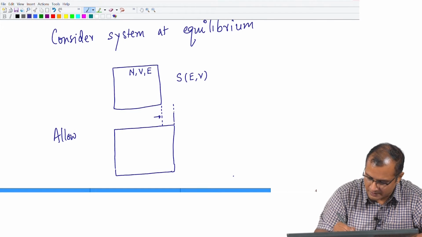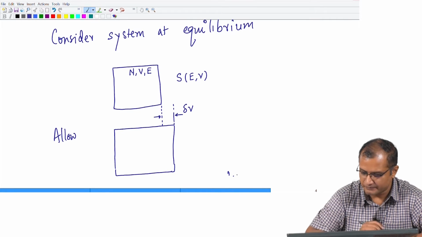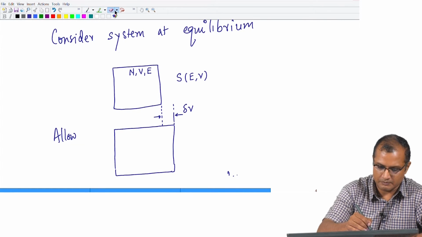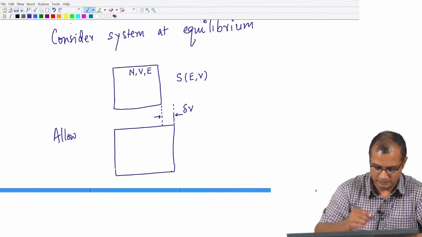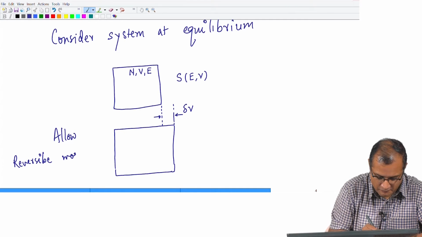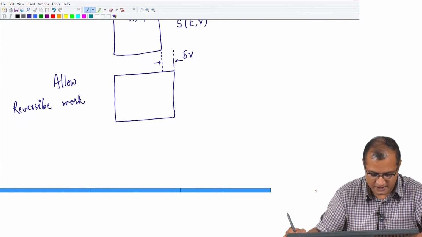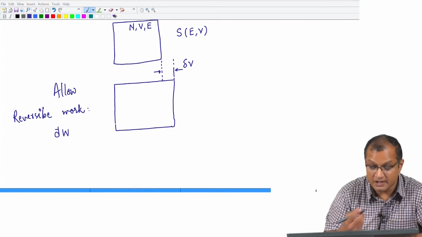So, there is some expansion of the system that I will address as delta V. Some reversible work, and this reversible work is an inexact differential.